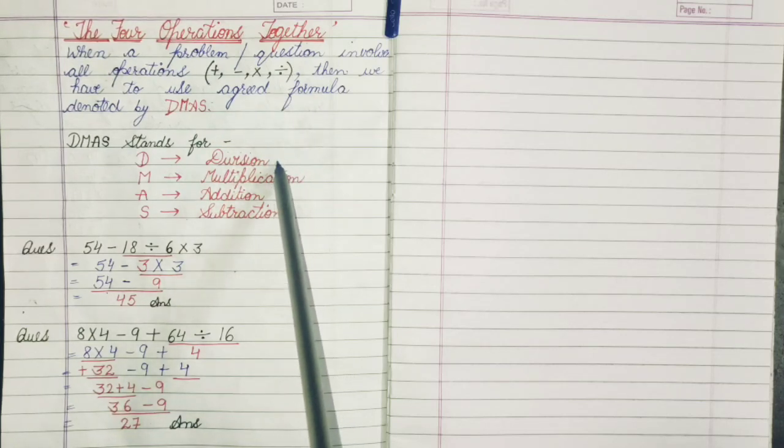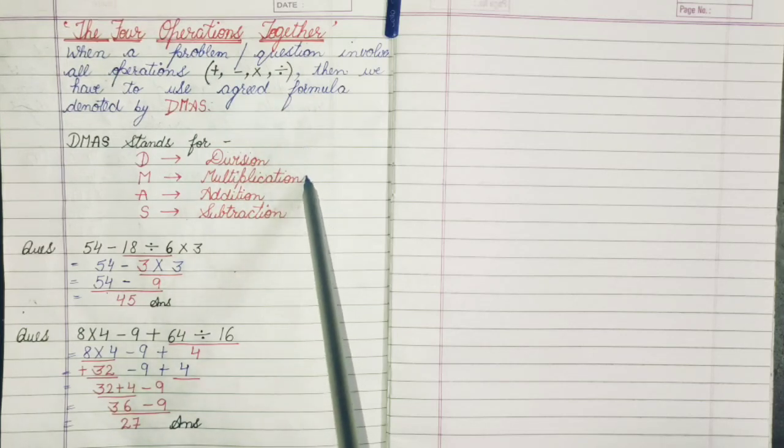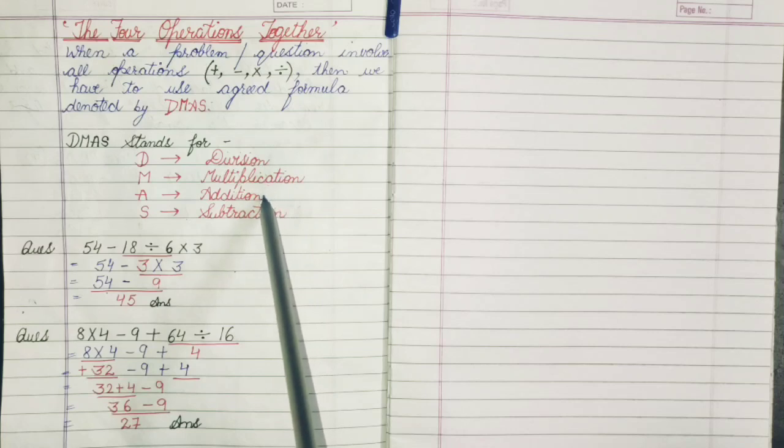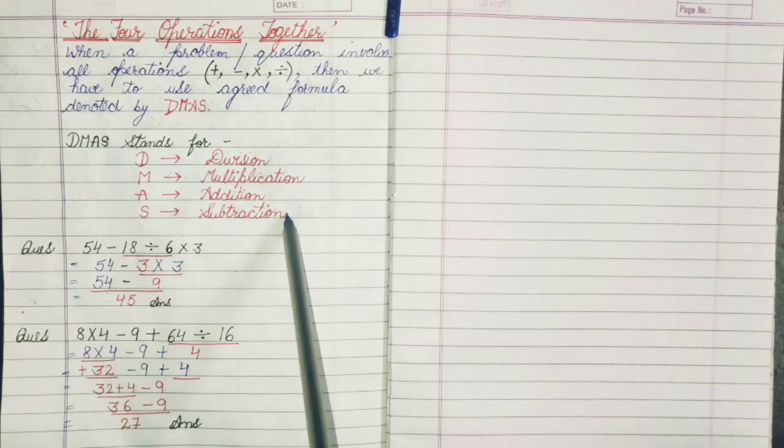After solving the division, we will solve multiplication. At the third step, after multiplication, we will solve addition, and after solving addition, at last we have to solve subtraction. So this is the DMAS rule.